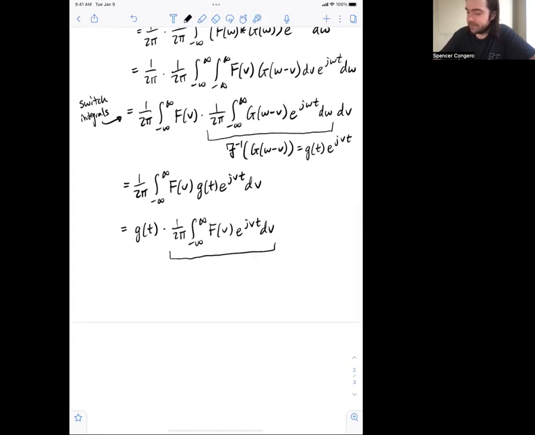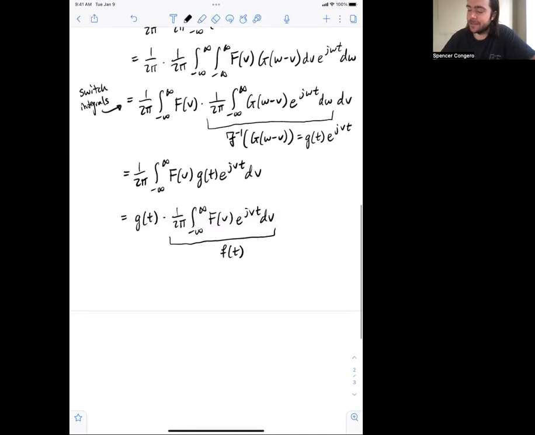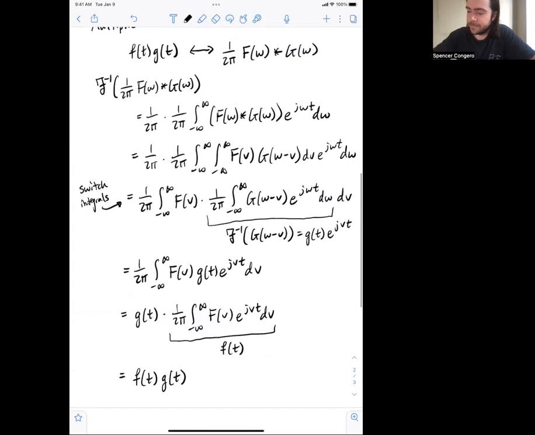This is exactly our inverse Fourier transform formula, and that gives us f of t. It's the inverse Fourier transform of F of v. I'm using the variable v here instead of omega, but just like we saw above, whatever we call that integration variable makes no difference. And so what am I left with? Just f of t times g of t, which is just what we wanted.